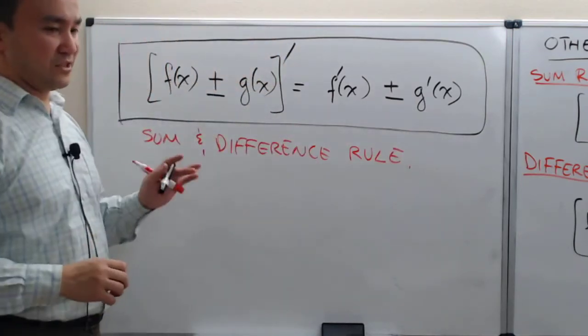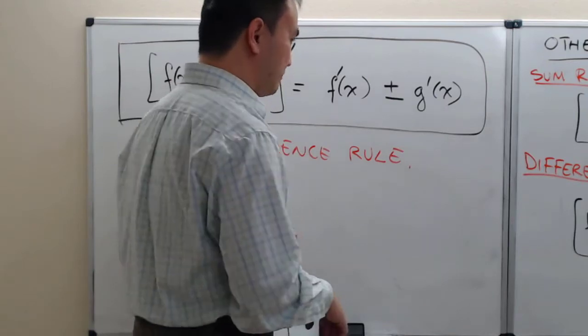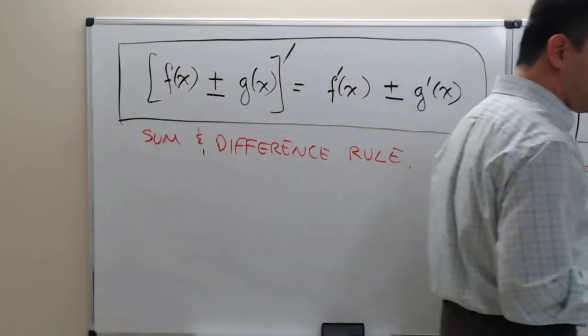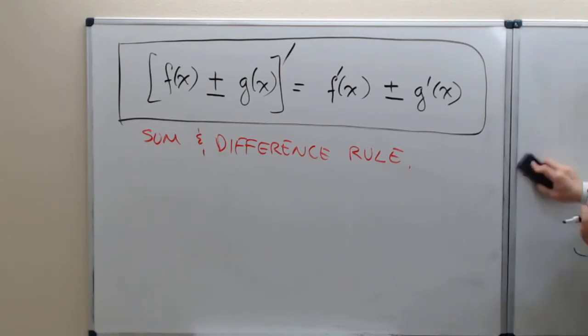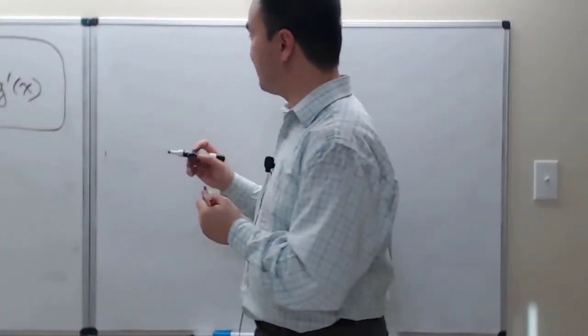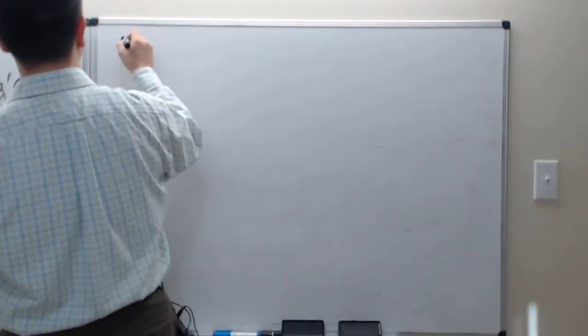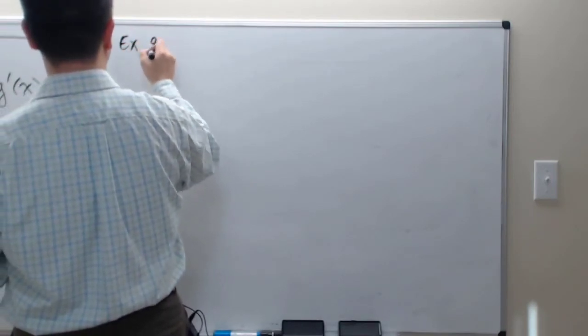All right, and so now at this point we are ready for some good action. I mean, even though it's just some small example, let's do some example. Let's look at example 2 right here, but only a short one.